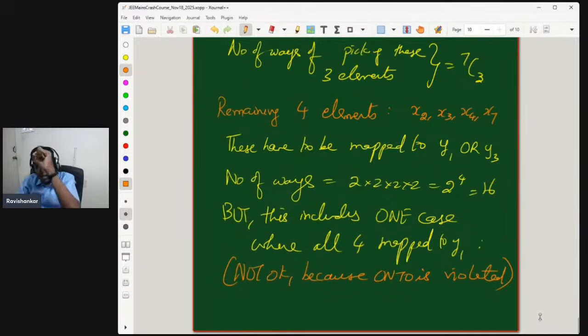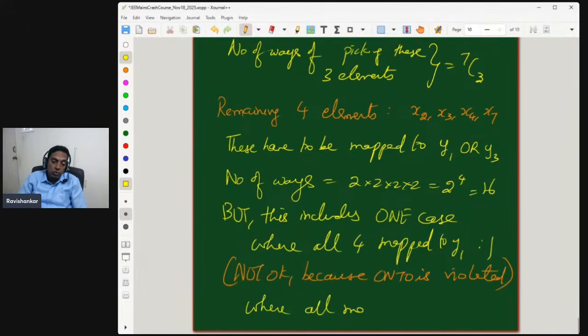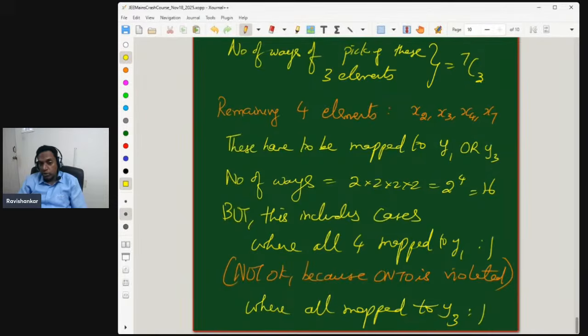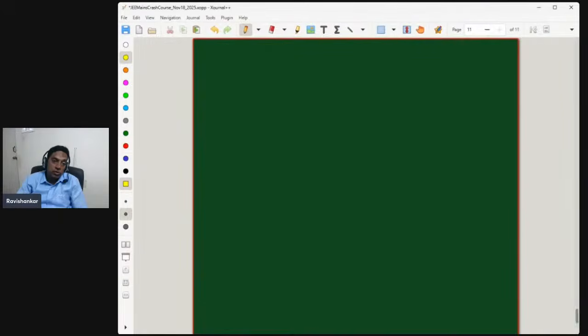Onto means every element in B must be an image. So this is one case, all mapped to y1, and where all mapped to y3 is one case. Cases where all 4 x2, x3, x4, x7 are mapped to y1 or y3. So that means subtract 2.